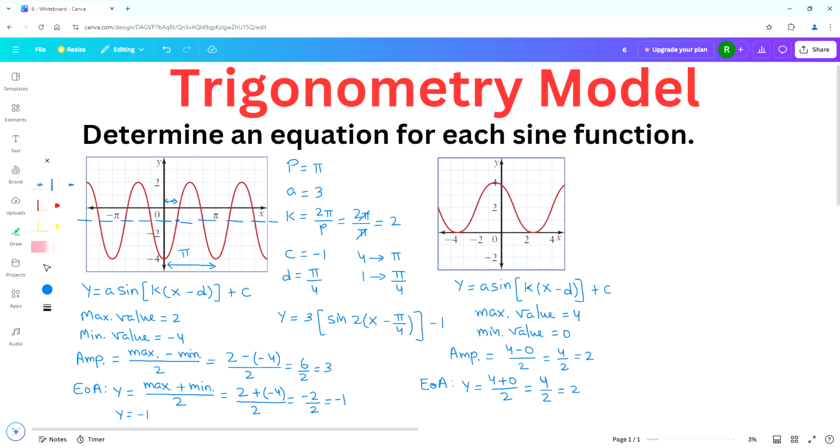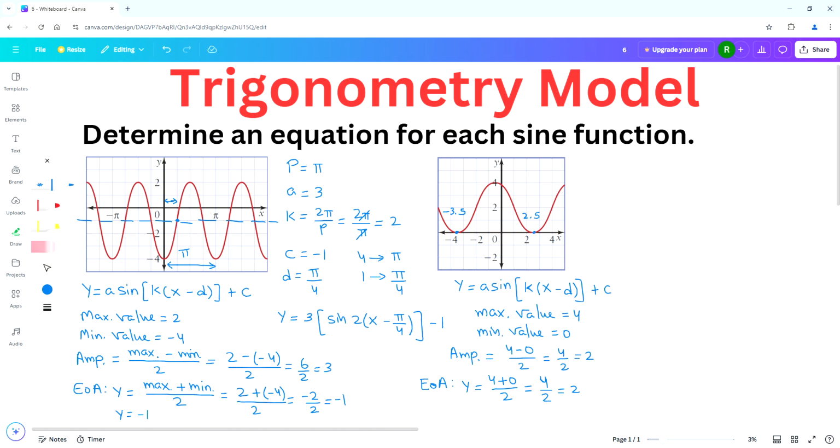Period is the length of one full cycle. It can be found by finding the distance between two consecutive minimum points or maximum points on the graph. In this graph, we are given two consecutive minimum points. One of them is here at negative 3.5 and the other one on the right side is at 2.5.